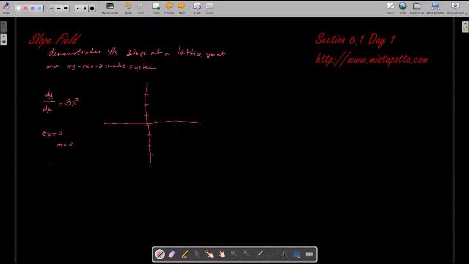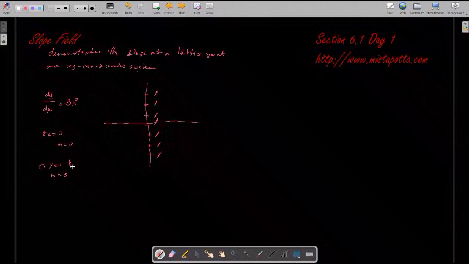In a situation where x equals 1, my slope would be somewhere in the neighborhood of 3. So it's going to be a fairly steep line at x equals 1. And I can demonstrate this for all values of x equals 1. And of course, that also holds true for x equals negative 1. I'm still going to have that same slope of 3.